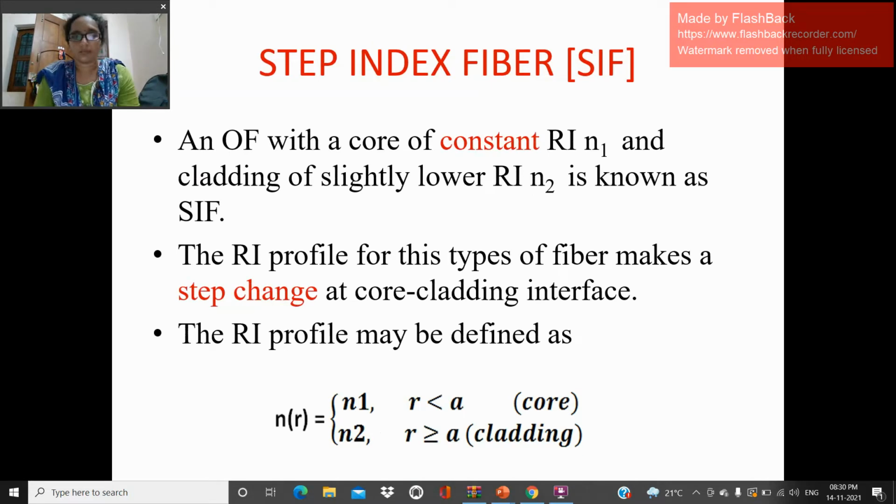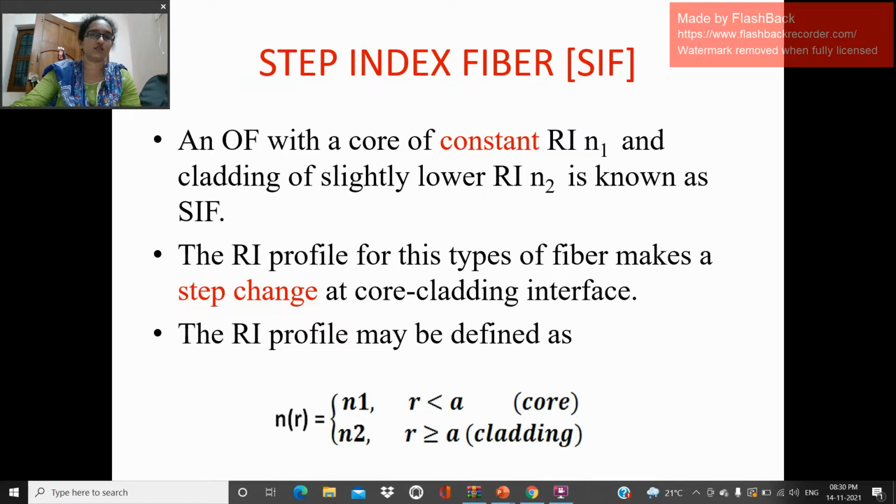An optical fiber with a core of constant refractive index N1 and a cladding of slightly lower refractive index N2 is known as SIF. So step index fiber means N1 should be constant.